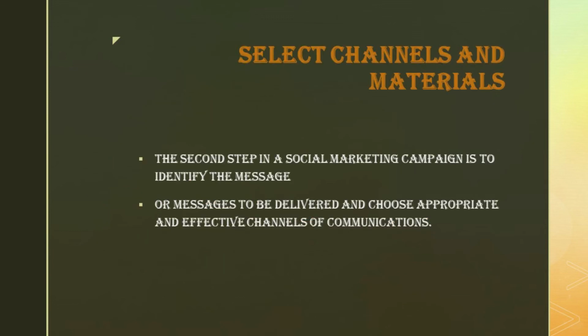The second step in a social marketing campaign is to identify the messages to be delivered and choose the appropriate and effective channels of communication. It is also important to identify the environment, situations, or settings in which the targeted behaviors should not occur, such as schools, homes, parks, or other public places.